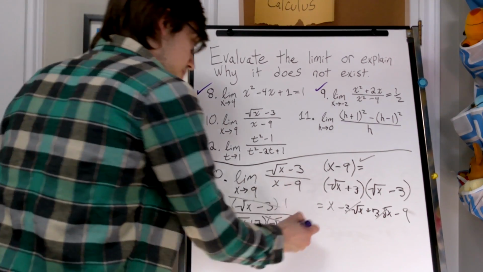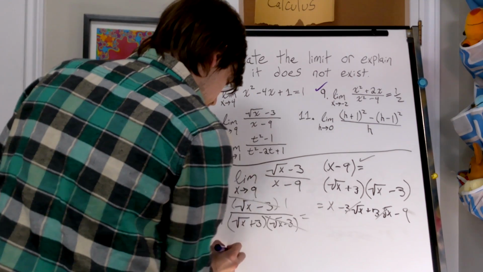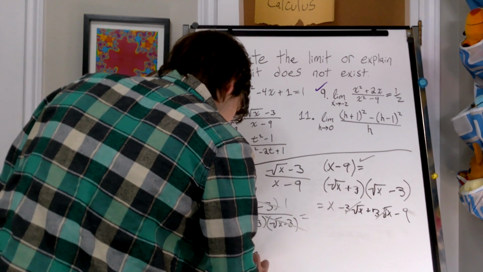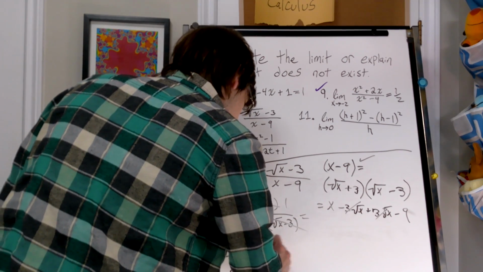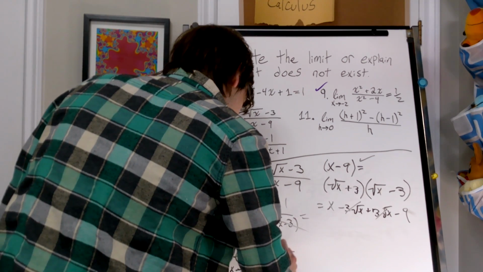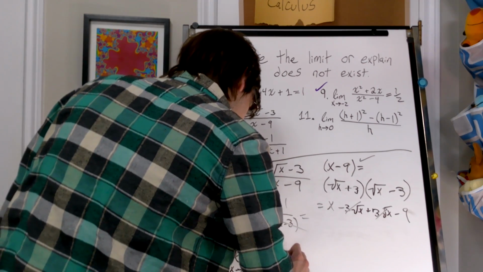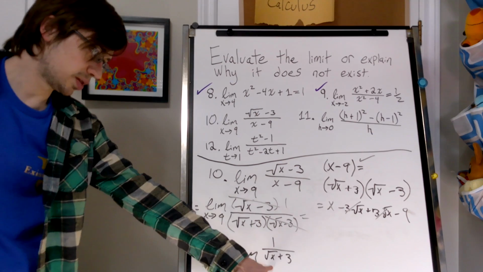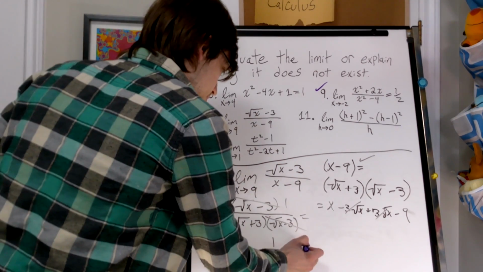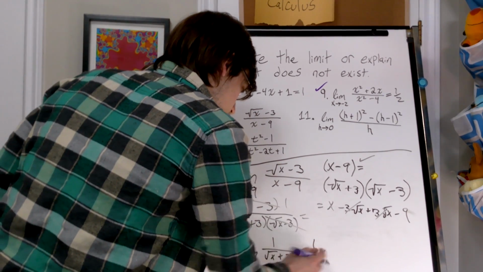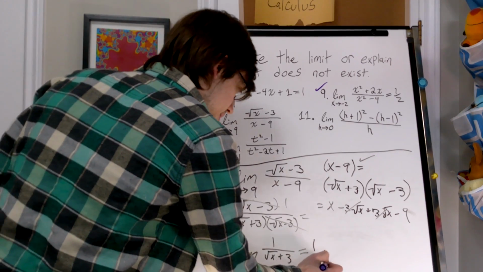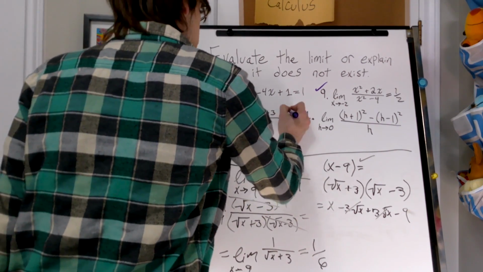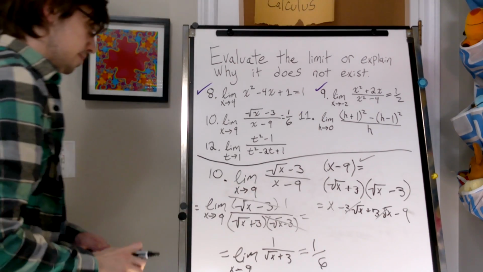We're left with 1 on the top. The limit as x approaches 9 of 1 over square root of x plus 3. We plug a 9 in. The square root of 9 is 3. This gets us 1 over what's 3 plus 3? That's 6. So, question 10, 1/6.